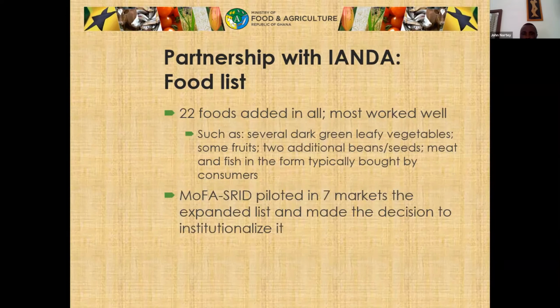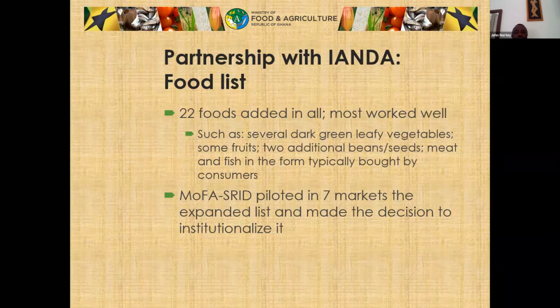The main areas were dark green leafy vegetables, which were not much on our list, some fruits, some additional beans, and meat and fish in the forms typically bought by consumers.